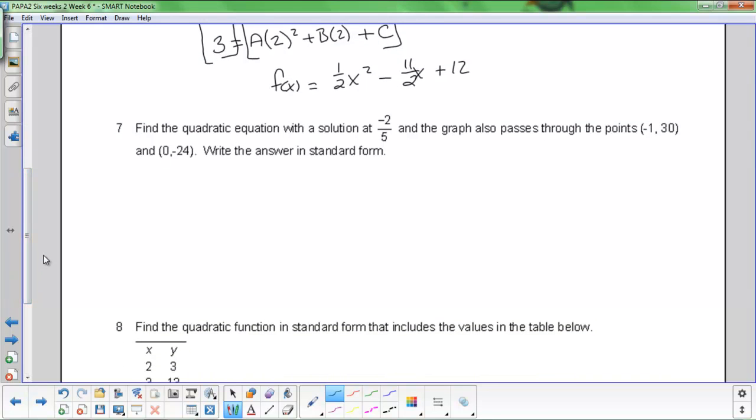Number 7 is just like number 6, so go ahead and pause the video now and see if you can come up with a solution before you move on.